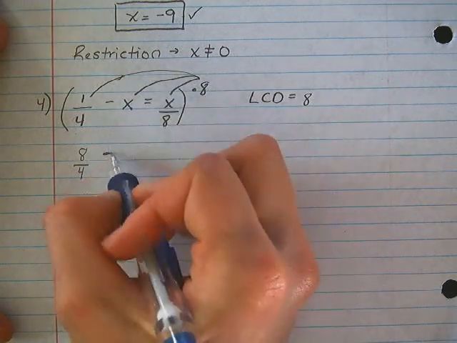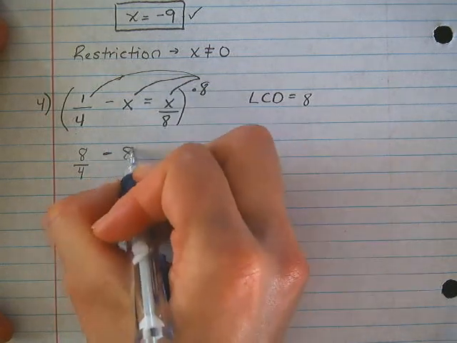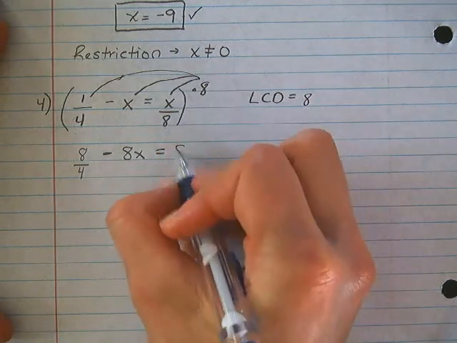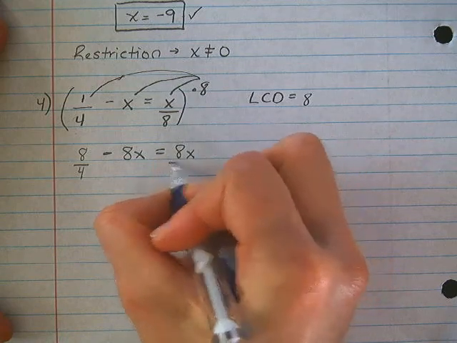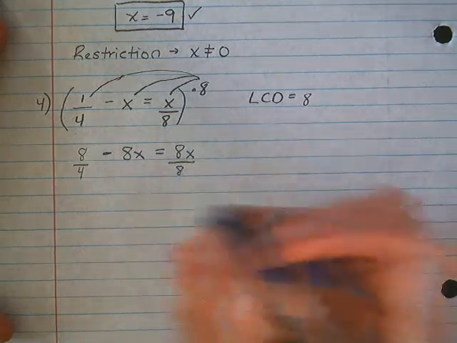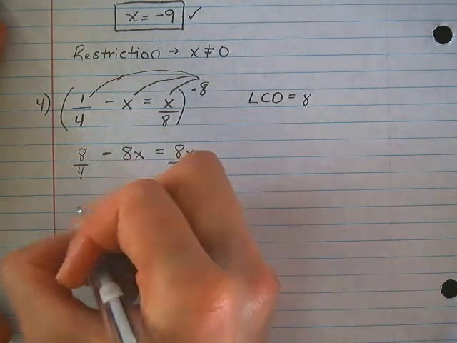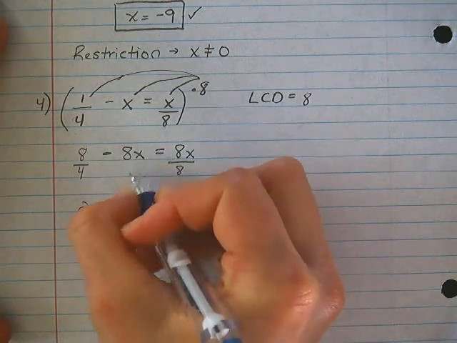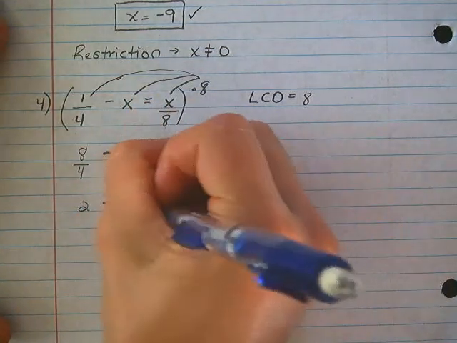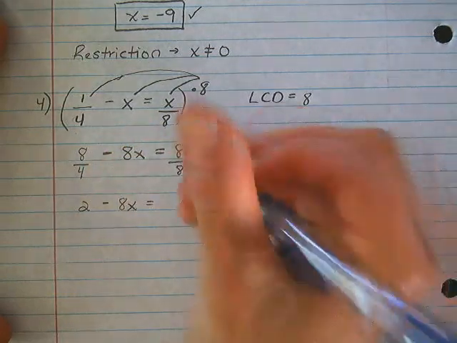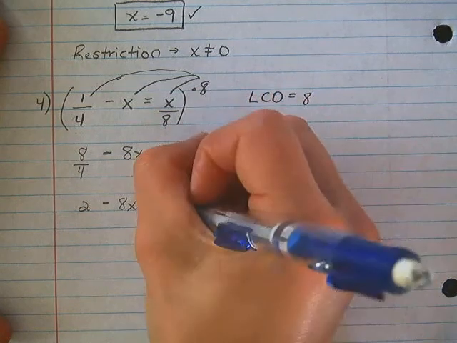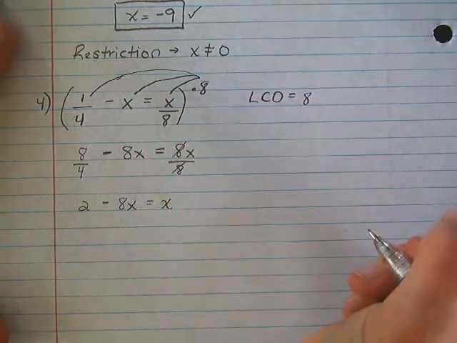So that'd be minus 8x equals, and then 8 times x is 8x, and that's over 8. Let's simplify. 8 over 4 is 2, and then I bring down my minus 8x because there's just a 1 on the bottom. And then 8 over 8 will be 1, so this is like 1x. We just write it as x, and then we solve.